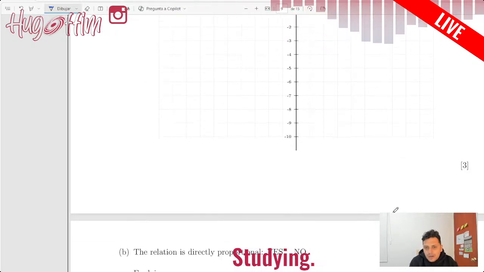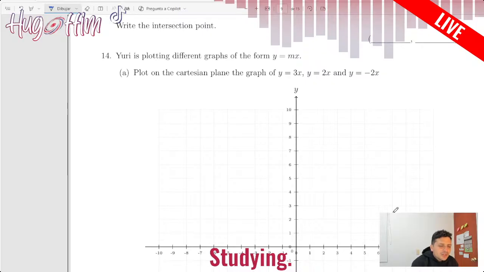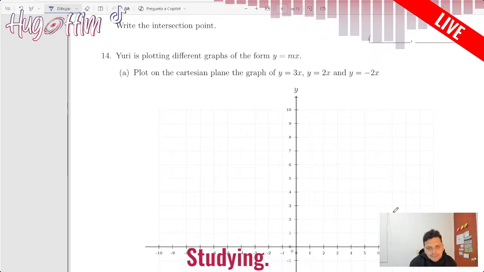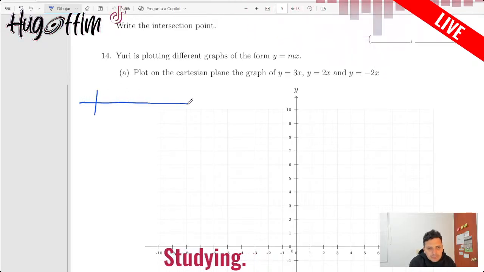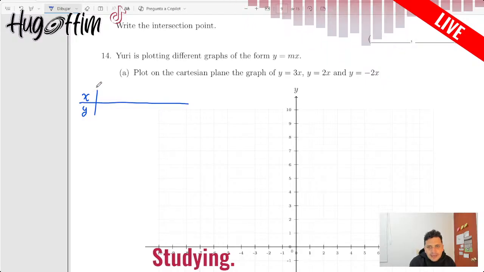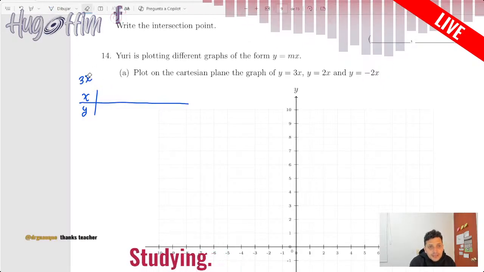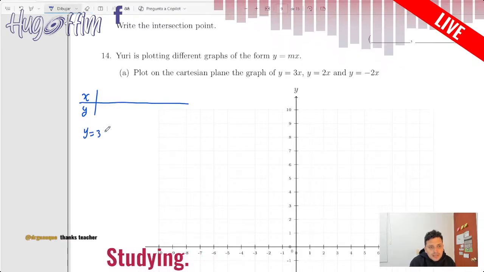What I suggest you do is either create a function machine or create a table. So I'm going to do a rough table of x and y. I'm going to do first y equals 3x.